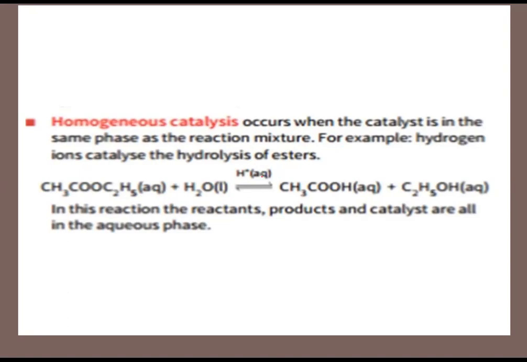The catalyst which is being used over here is basically an acid. So the acid and the reactant mixture are in the same phase, right? So this kind of reaction is known as homogeneous catalysis; you're using a homogeneous catalyst in these types of reactions.